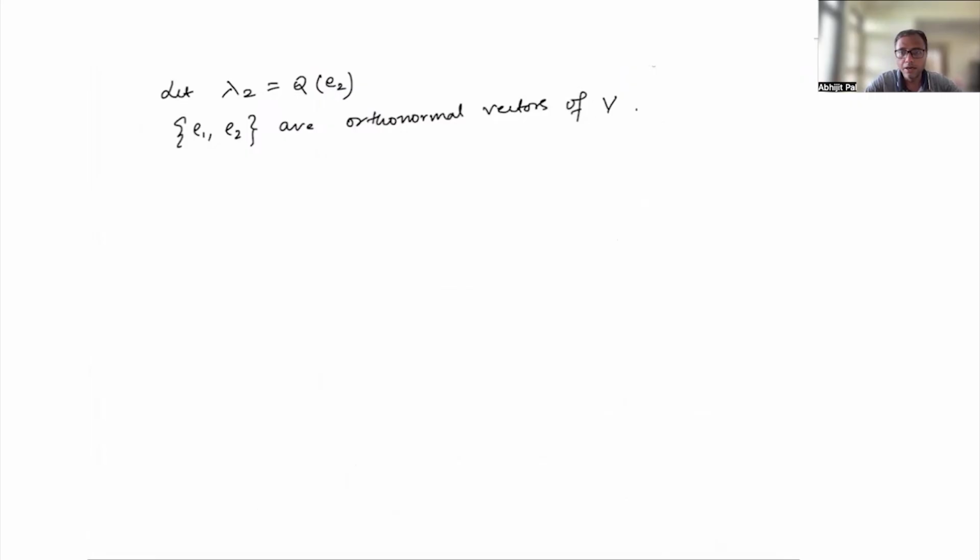Therefore, the subspace generated by E1, E2 will be exactly equal to B. So this E1 and E2 forms an orthonormal basis of B. Now let us take any vector.